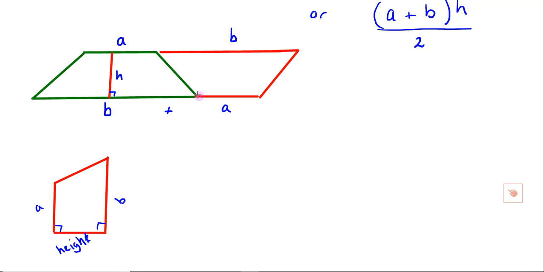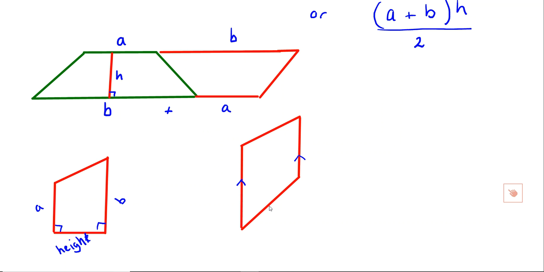Just another option is also that your trapezium could be almost a parallelogram, but not quite. Because this side is parallel to that one, but those two aren't actually parallel.